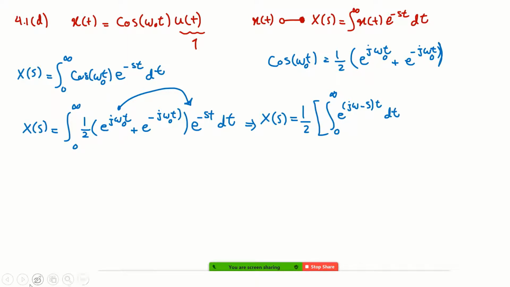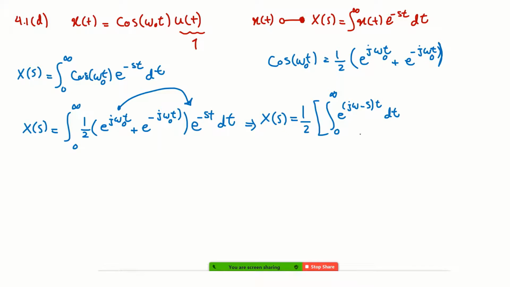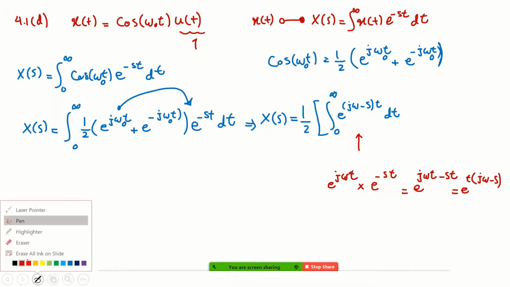This is just the multiplication of e to the power of j omega t and e to the power of minus st. So I can write this as e to the power of j omega t minus st, and then simplify that and write it as t times j omega minus s.